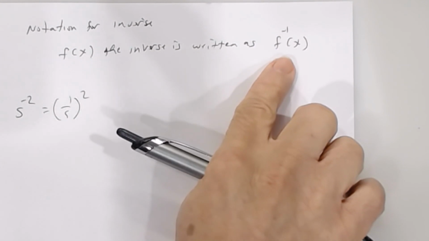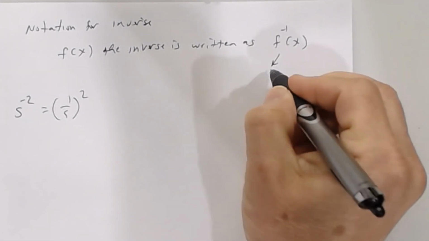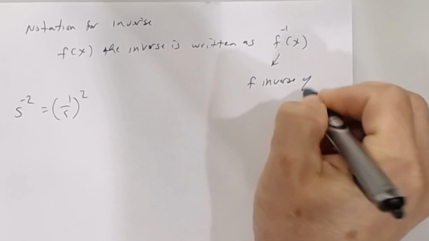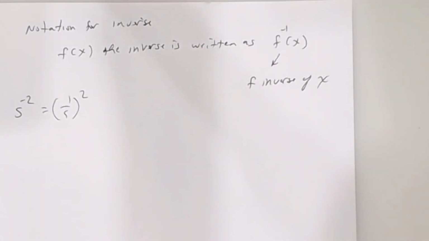What this reads as is this. This is read as f inverse of x. That's how you read it. So f inverse of x. You understand that's not an exponent, right? So if you're dealing with functions and you see that -1 as an exponent, that's not an exponent.